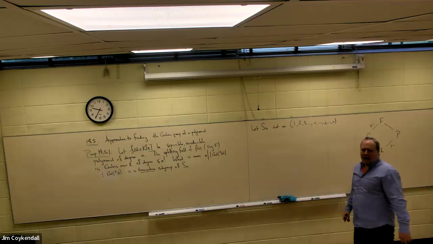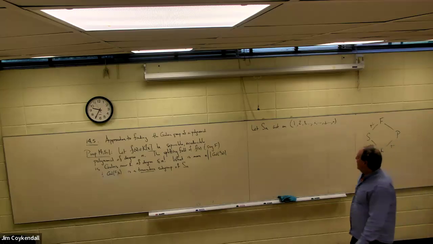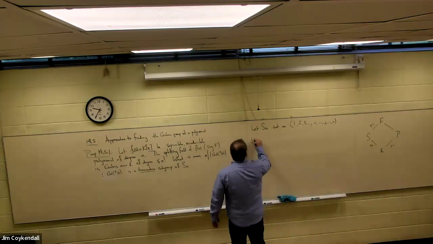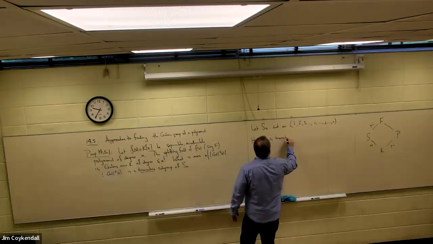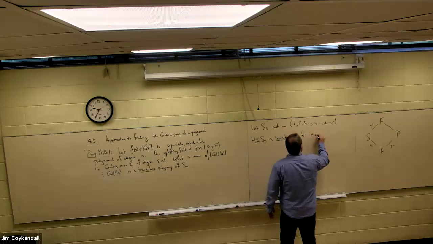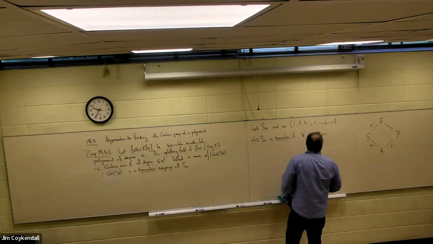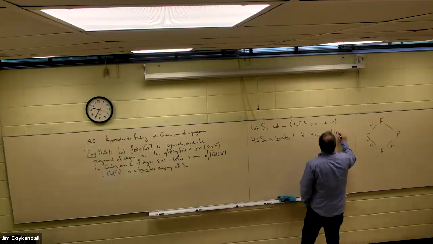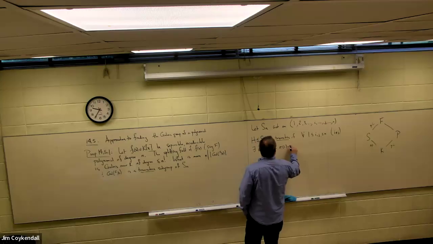Okay, so S_n acts on the set. In fact, a very popular way to write elements of S_n is as a product of disjoint cycles. A subgroup H in S_n is transitive if for all i, j there exists sigma in H such that sigma(i) is equal to j.